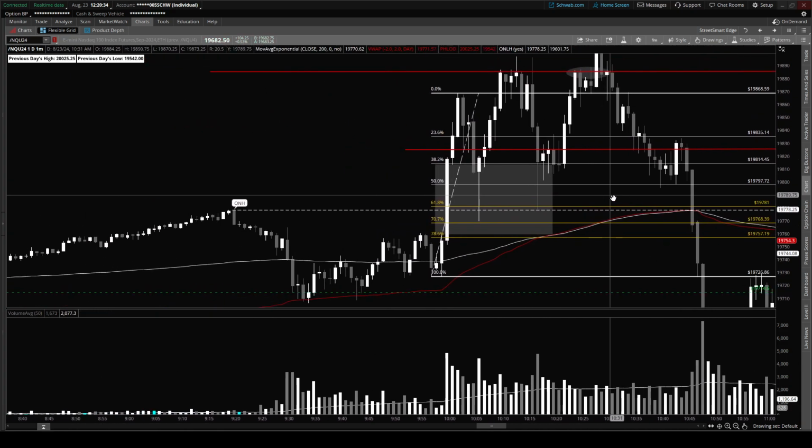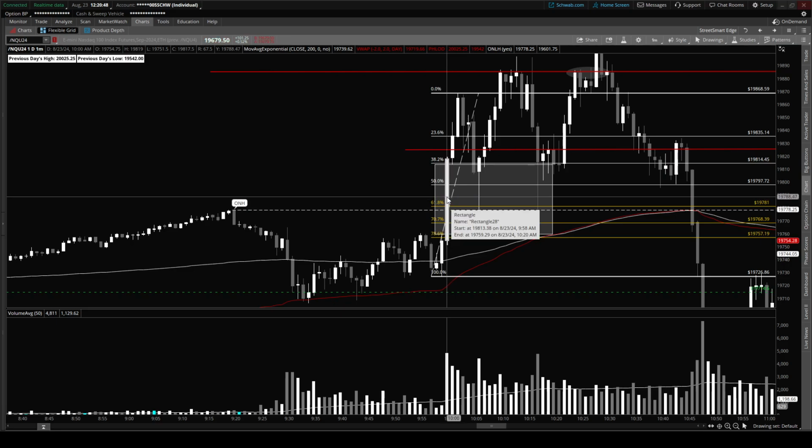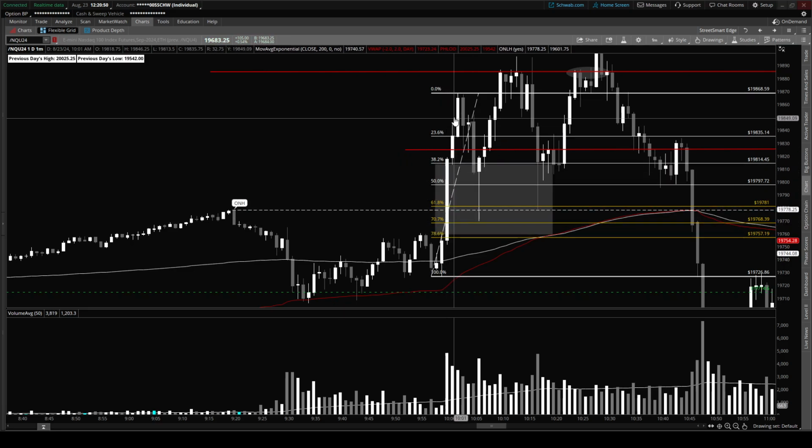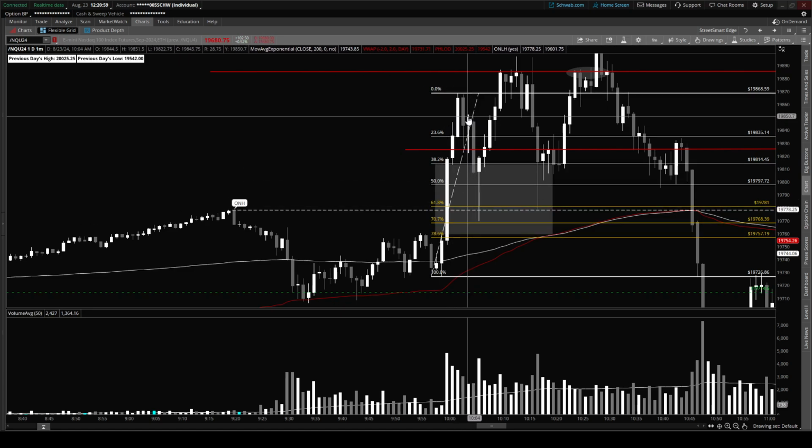In this case, we definitely have 3 confluences to even take the trade. One, the break of structure above the overnight high, and this would technically be a retest. A lot of times when we're looking at break of structures, we always want to see that initial break, and then the retest is where we usually look to take our entry. And on the retest, we have a lot of confluence to take the setup.